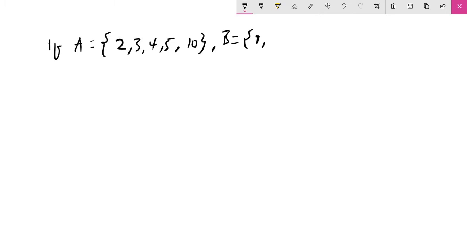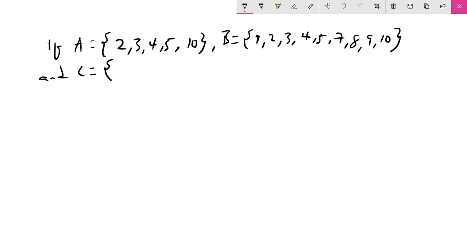Okay, question number 2 says, if A is equal to 2, 3, 4, 5, and 10, B is equal to 1, 2, 3, 4, 5, 7, 8, 9, and 10, and C is equal to 3, 4, 5, 6, 7.